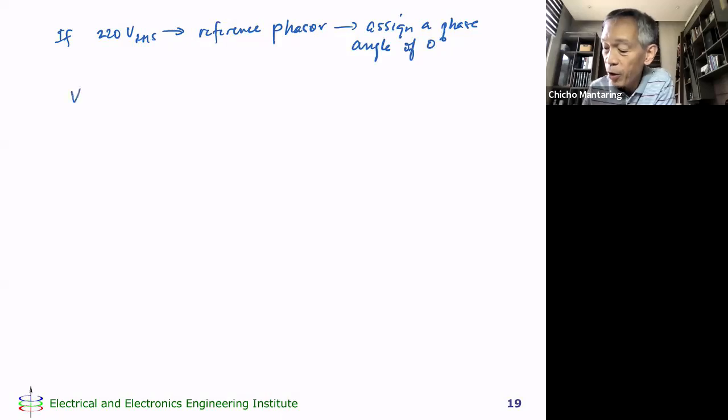So your voltage is 220 volts at an angle of 0 degrees.